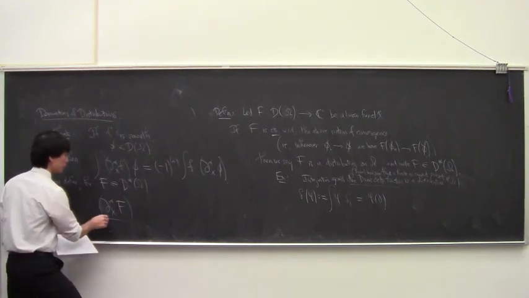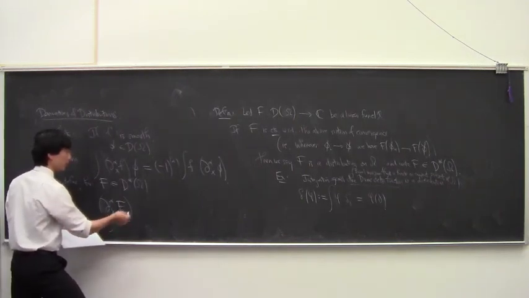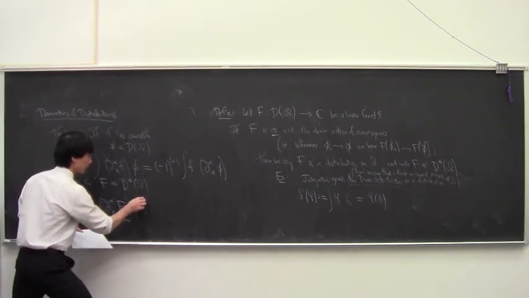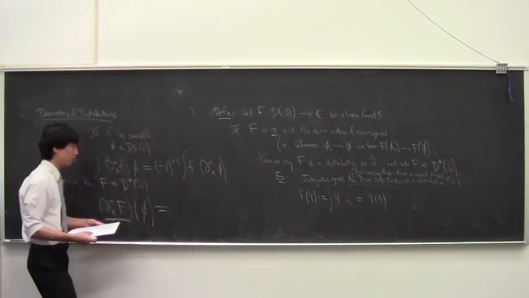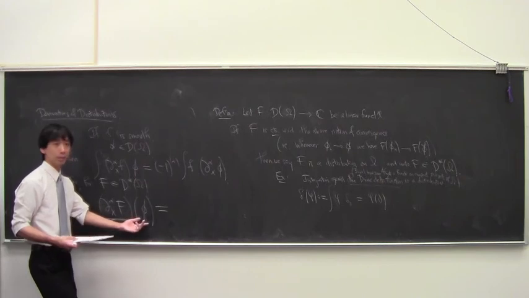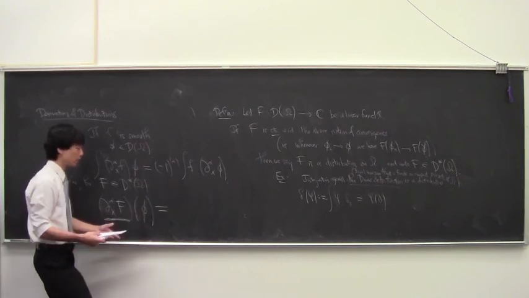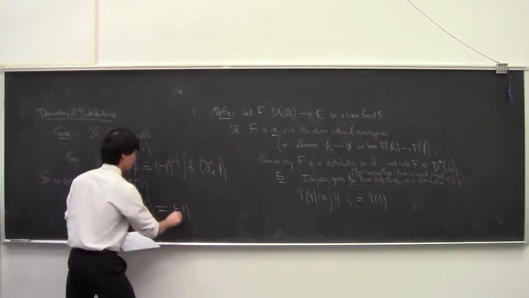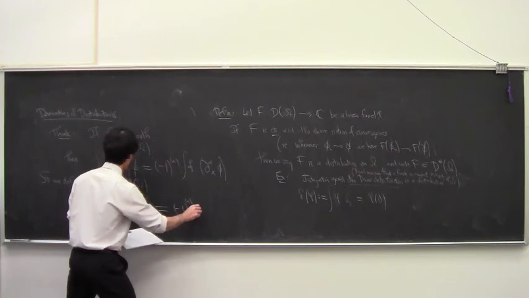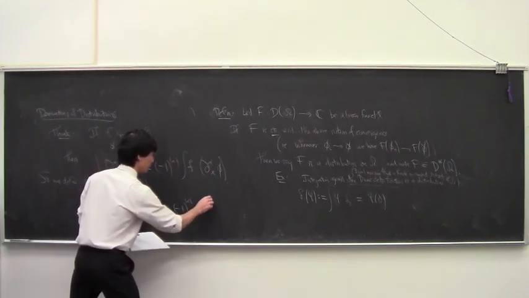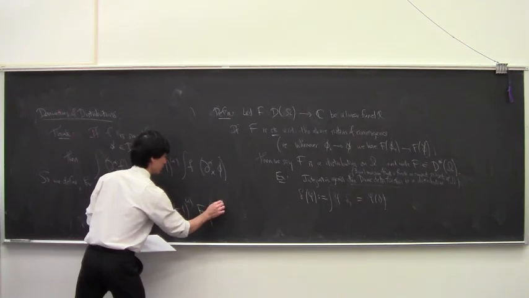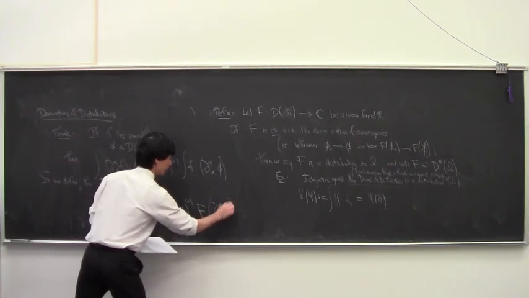We say the derivative of the distribution is the one that takes a test function, and its value on the test function will be (-1) to the size of alpha, times f applied to the partial derivative of the test function.